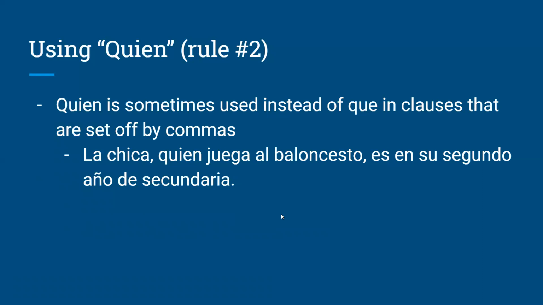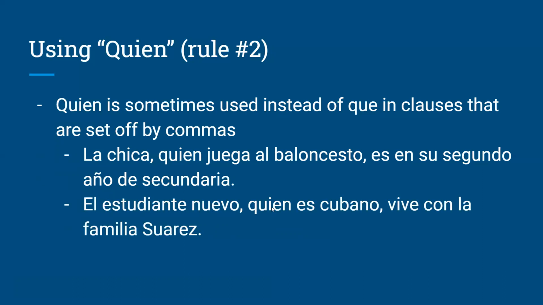The girl who plays basketball is in her second year of high school. Here's our relative pronoun, quien. If this were blank, how would we have figured it out? We would have said, well, are we talking about a human being? Yes, the girl. Is this a phrase that's set off by commas? Yes, comma, comma. Therefore, we're using quien. There's our thought process.